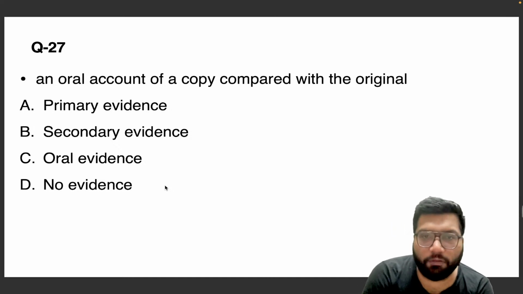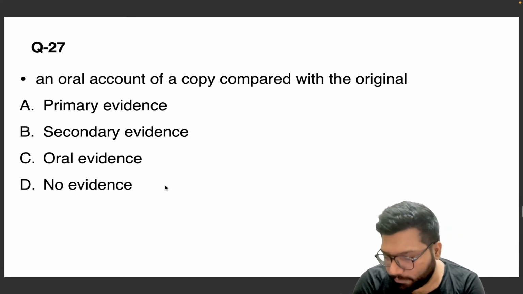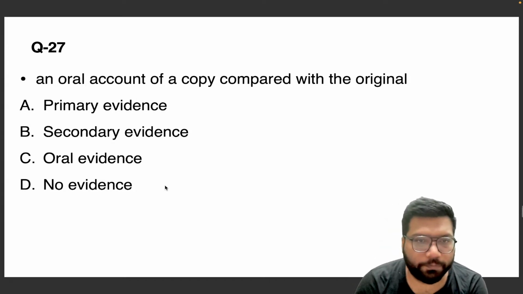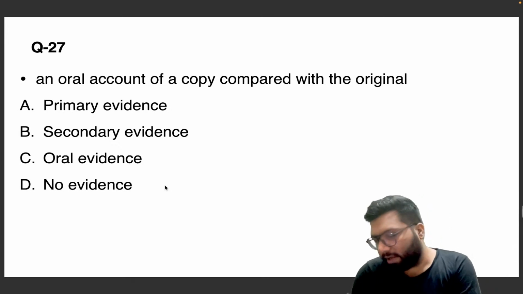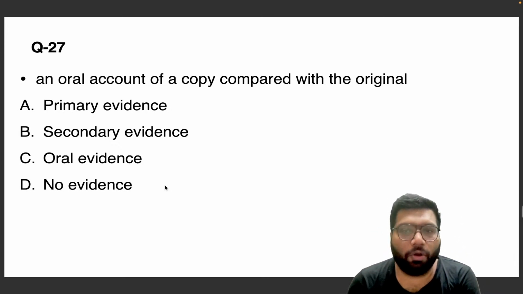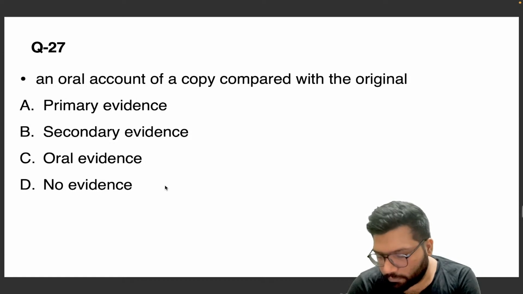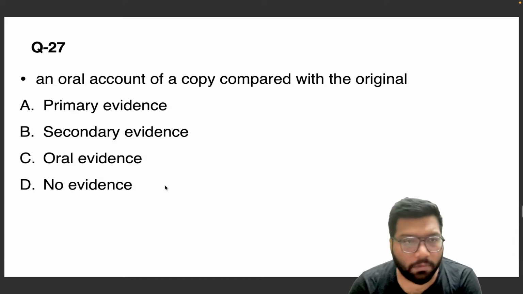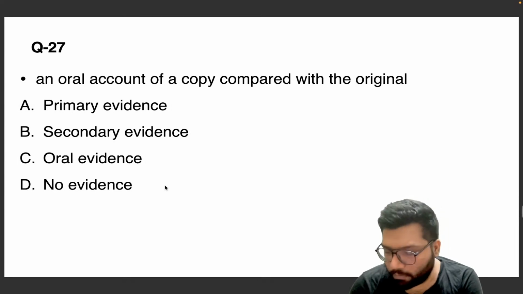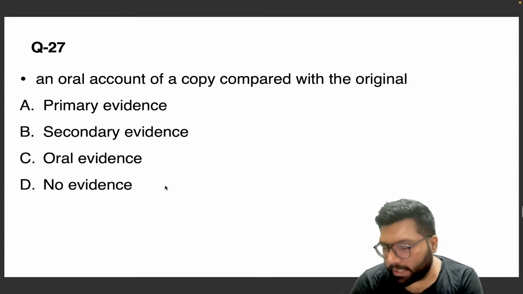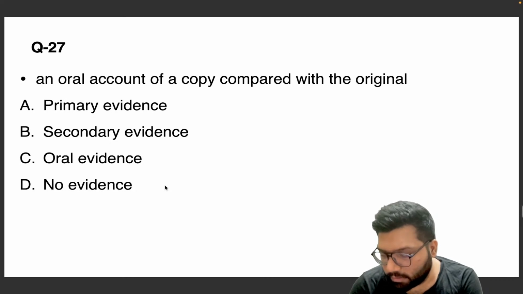An oral account of a copy compared with original. Is it primary evidence, secondary evidence, oral evidence, or no evidence? Come on, I can expect at least one correct answer.